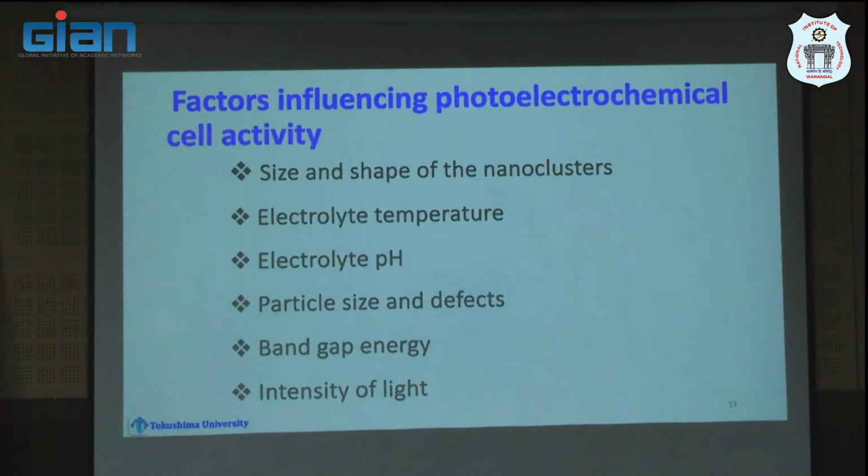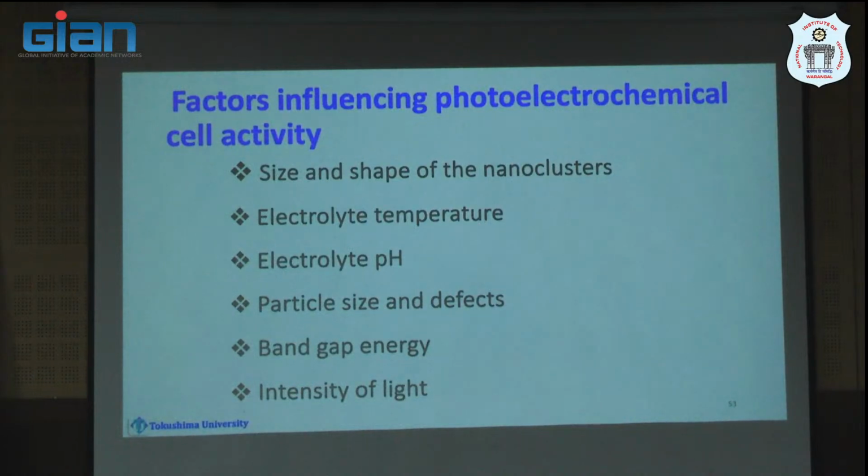The factors that affect it: earlier in the case of photocatalysis, if you remember, semiconductor, concentration of semiconductor, light intensity, pH. Here, size and shape of the nanocluster, what kind of material you have used, electrolyte temperature, solution temperature, pH, particle size and defects. Here is also the size and shape of whatever electrode you have used.